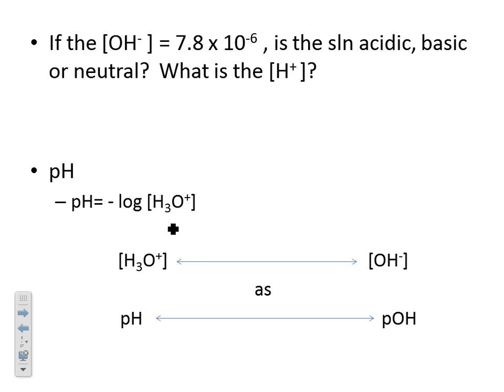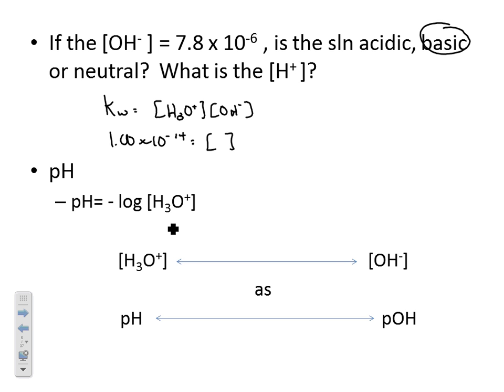And we can calculate the hydronium ion concentration by using the Kw for water. So Kw equals concentration of hydronium times concentration of hydroxide. So that's 1 times 10 to the negative 14 equals hydronium concentration times 7.8 times 10 to the negative 6.